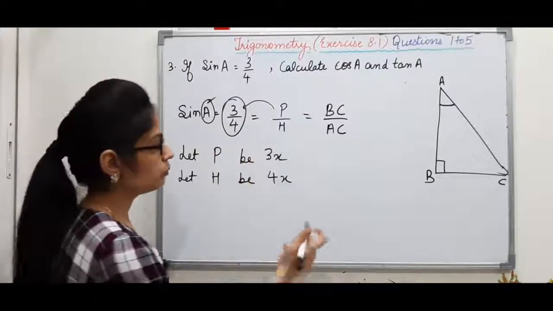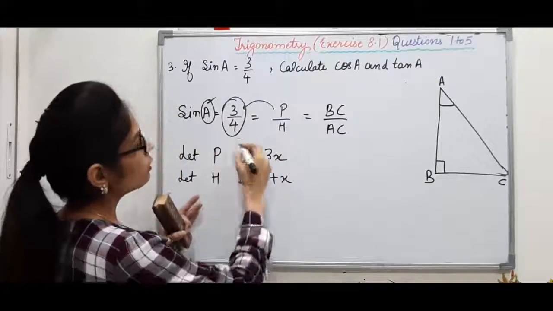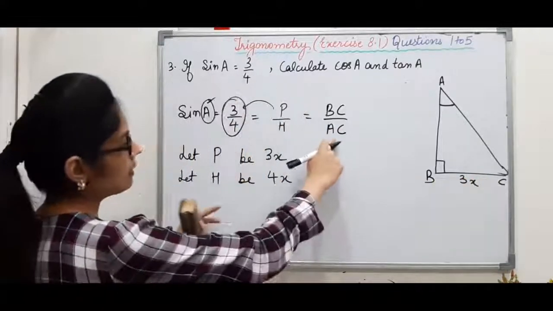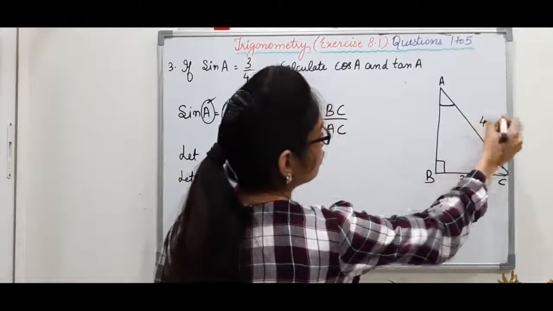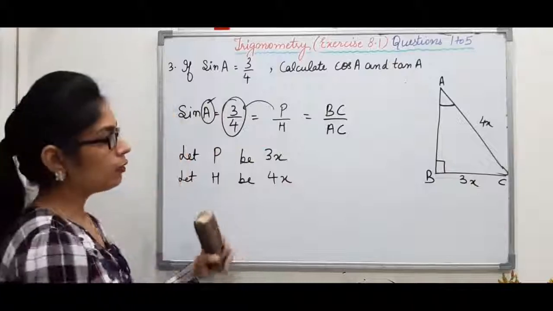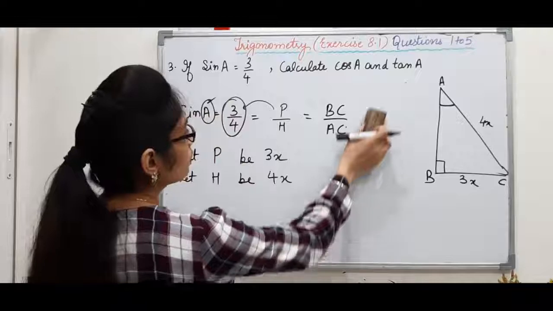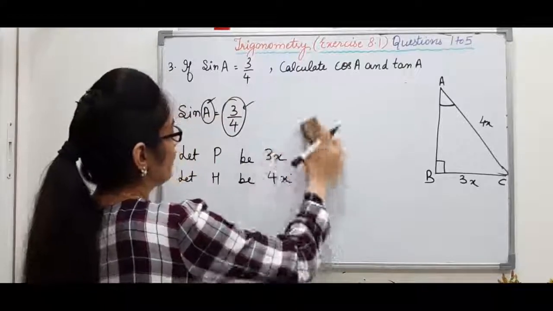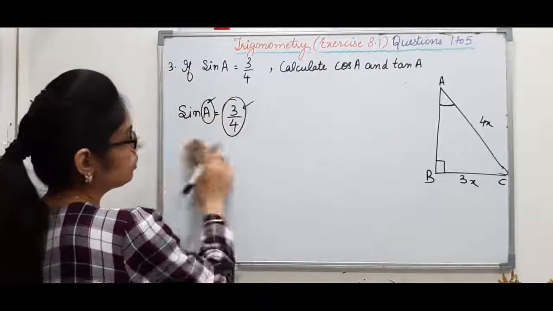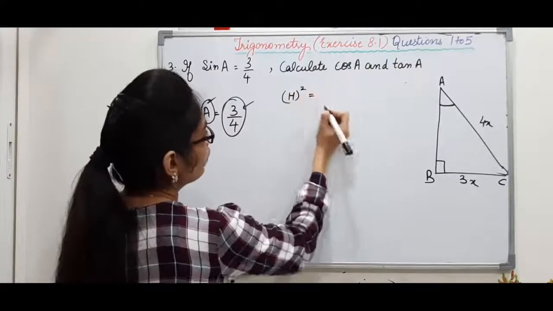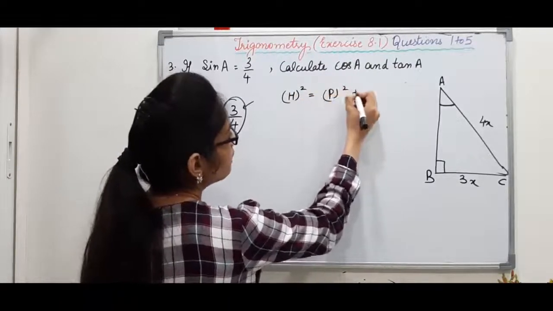Now P with respect to A is BC, so BC is 3x and AC is 4x. So let's find the value of AB now. Since it is a right angle triangle, we will use the Pythagoras theorem to find the value. Pythagoras theorem is h square is equal to p square plus b square.